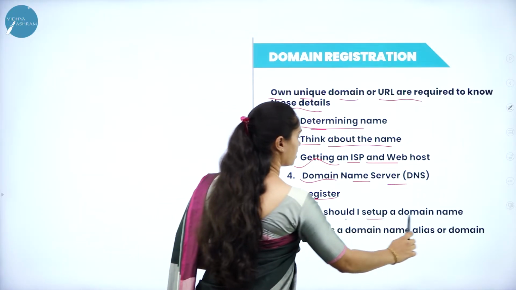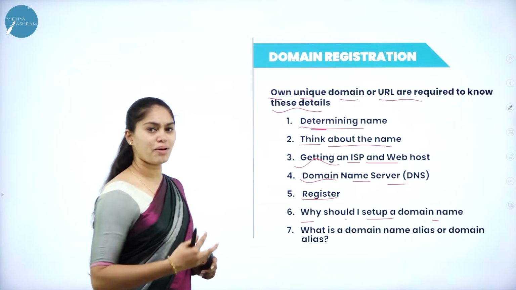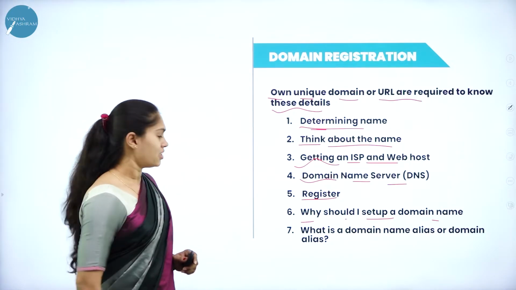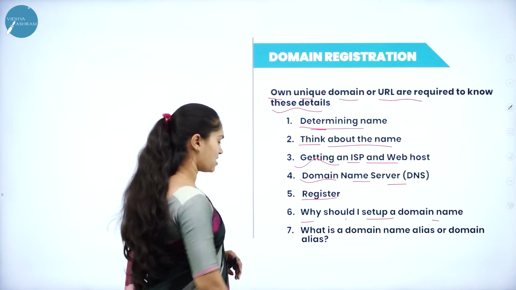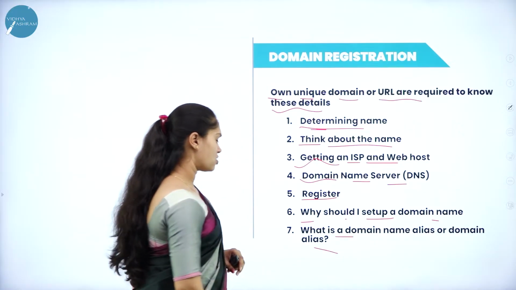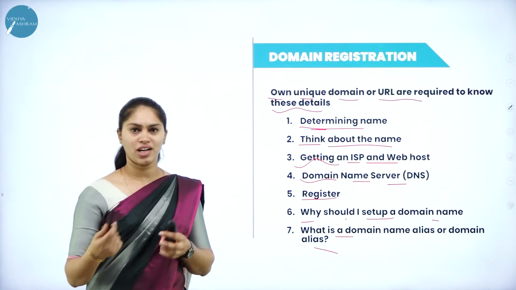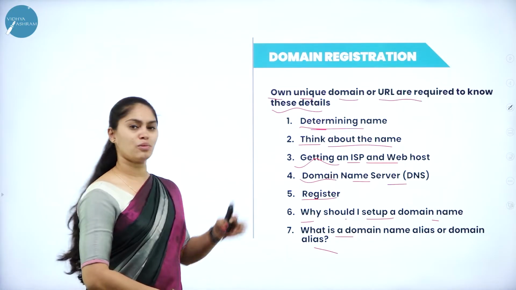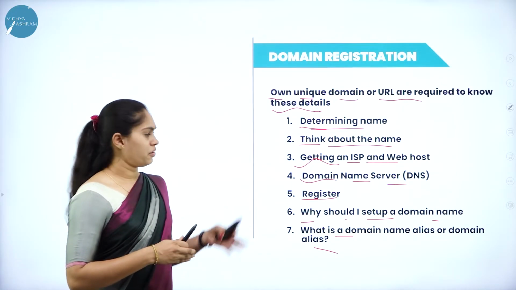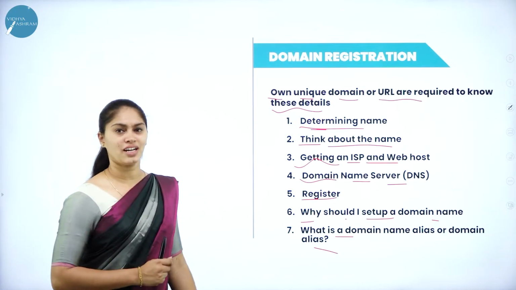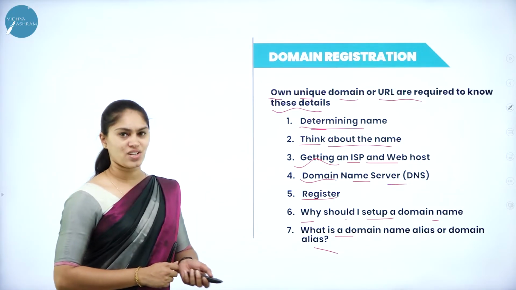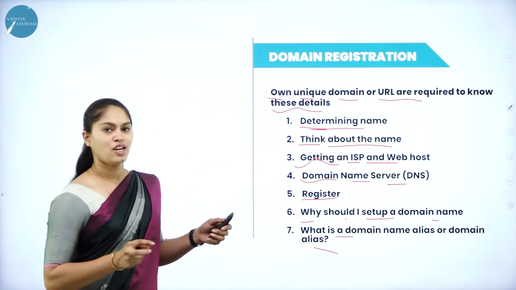And why should I set up a domain name? It must be unique and catchy, so that it reaches more audience. Then what is a domain name alias? If you want an alternative name for your domain, you have to think about that. If you cover all these things, then you are done with your domain registration details. So this is regarding domain registration.